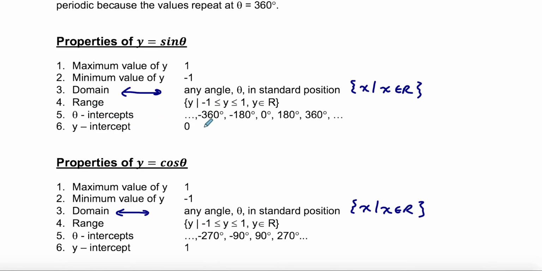And then we have intercepts in different places. The x-intercepts, or the intercepts for our angle measurement this time, for sine theta we'd hit at -360, 0, 180, 360, and it's just shifted a little bit for the cosine function. The y-intercept here is 0, so sine theta started at 0 and cosine theta started at 1.